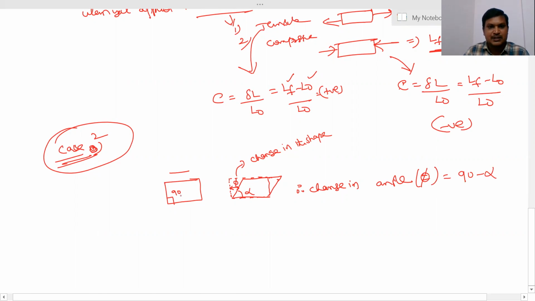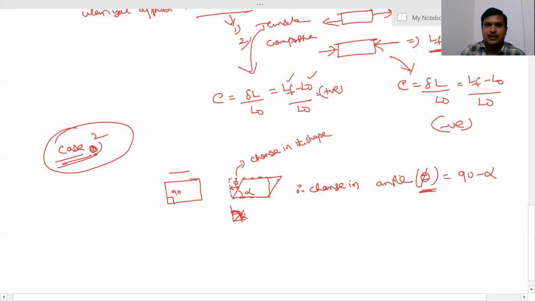Am I right? Initially this is 90, and now it is 90 minus alpha. That we call phi. Is it clear? So this is called change in angle.